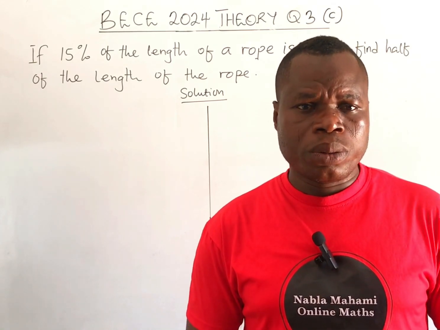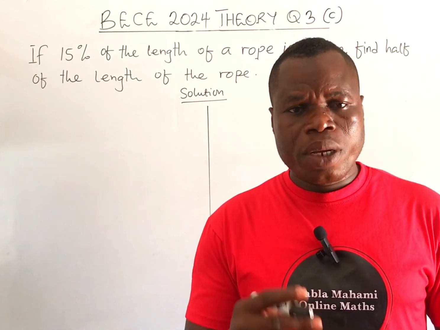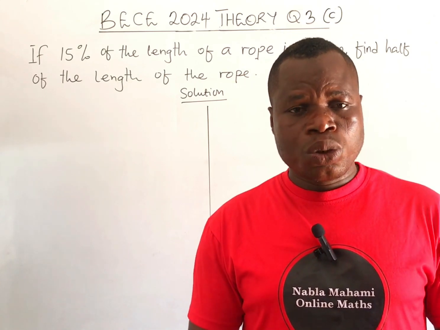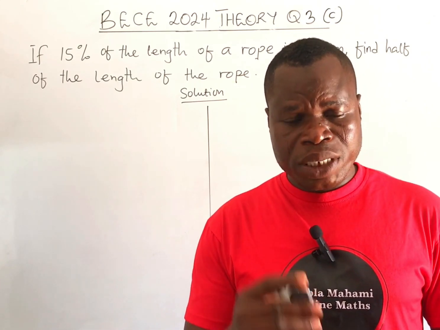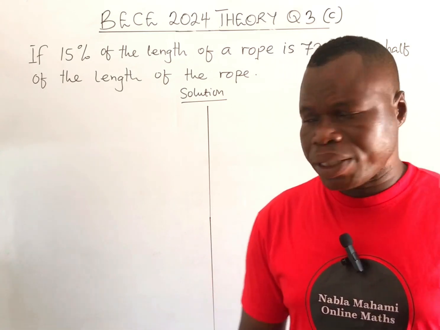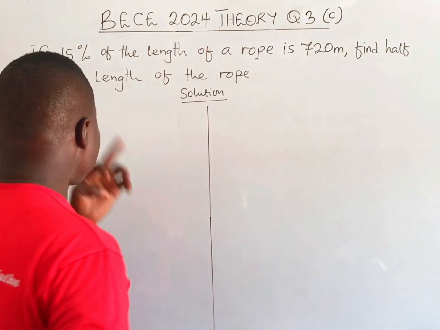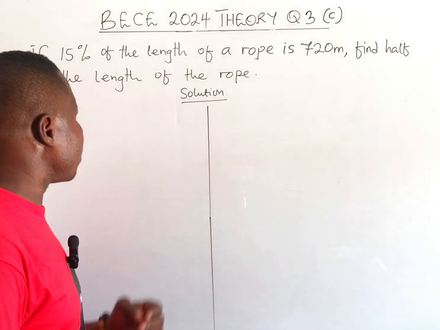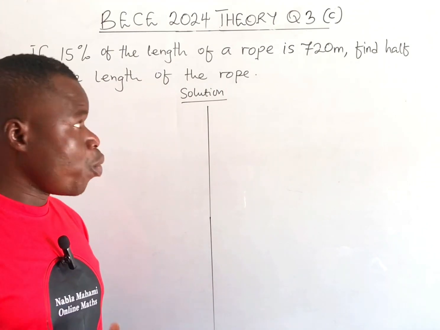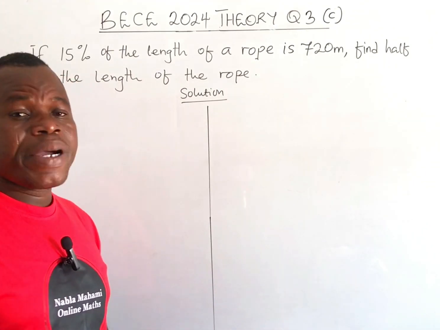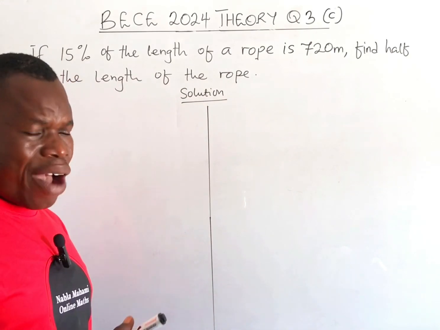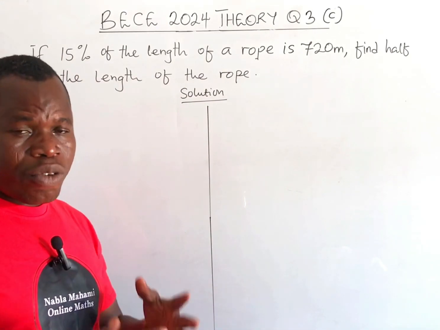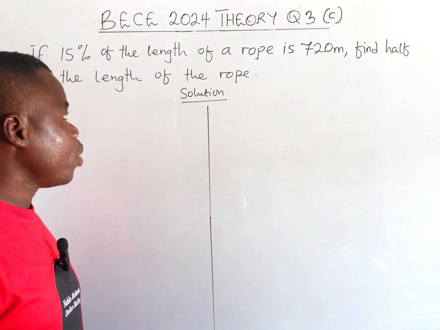In this video, we are going to solve BECE 2024 Theory Question 3C. The question is, if 15% of the length of a rope is 720 meters, find half of the length of the rope.